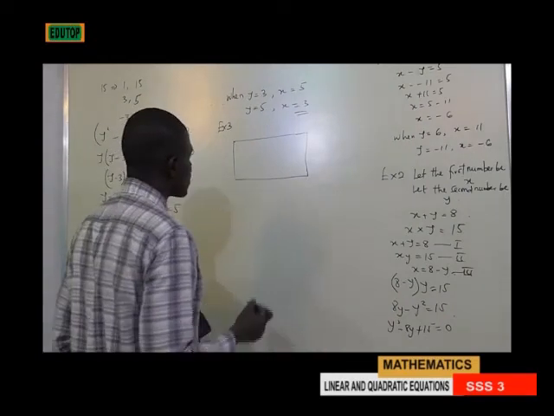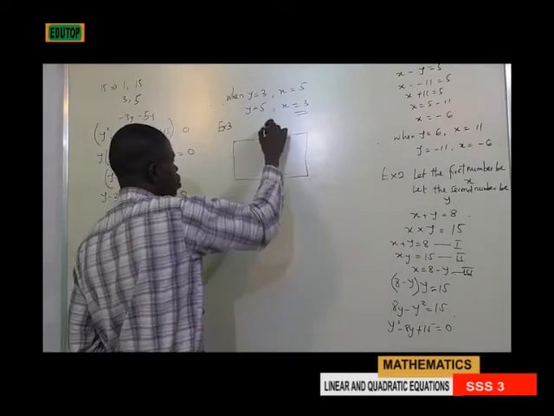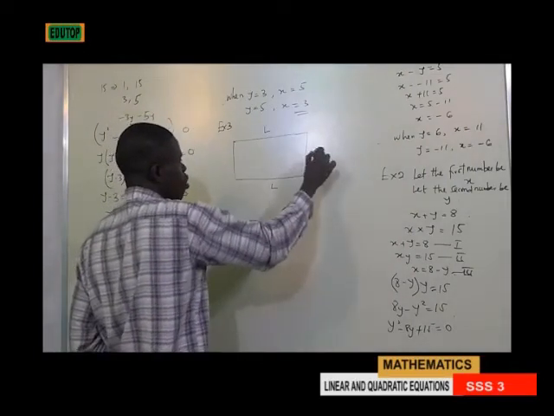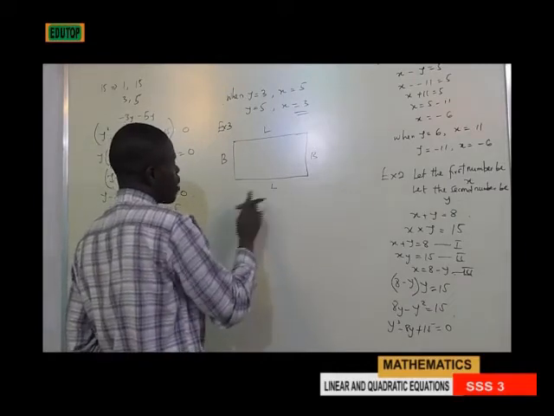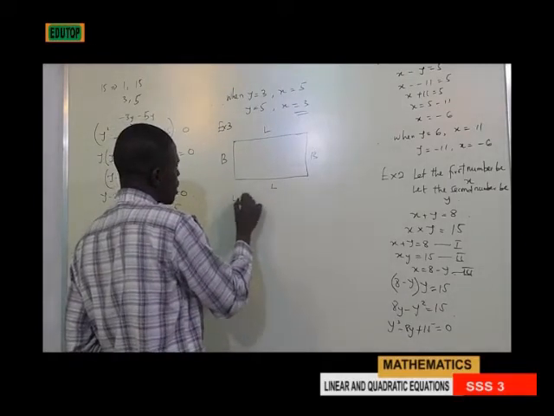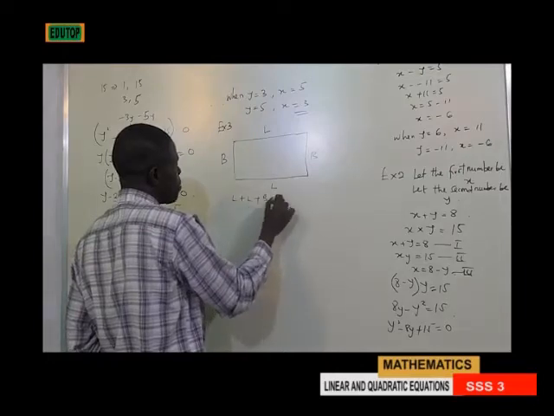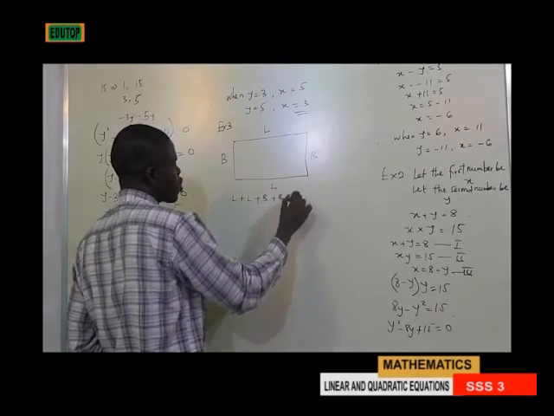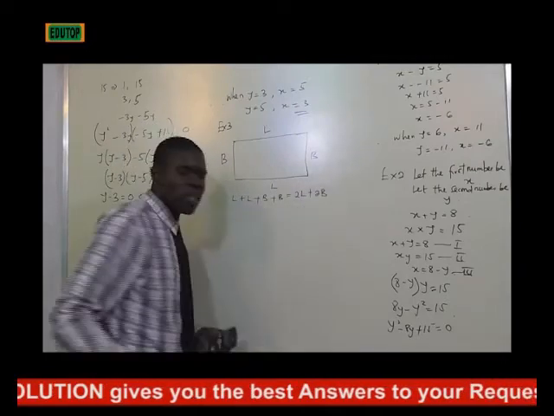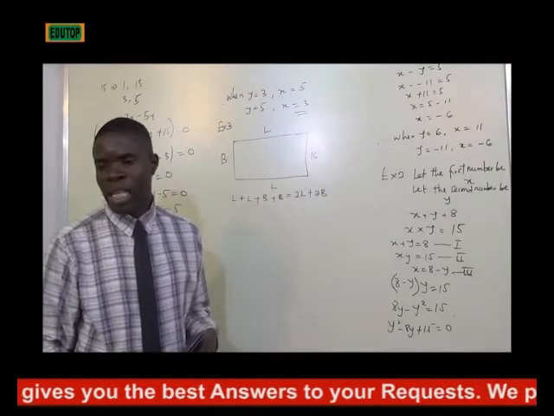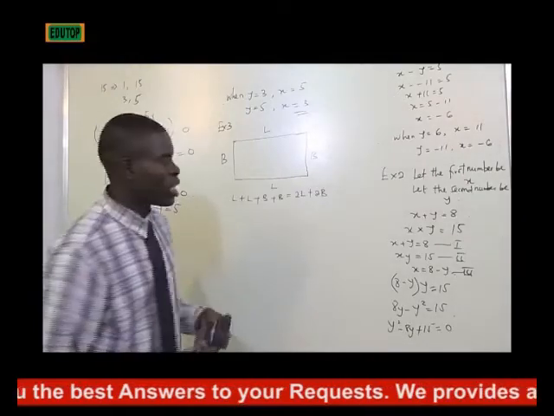Knowing fully well that a rectangle has 2 equal lengths and 2 equal breadths, the perimeter of this rectangle will definitely be L plus B plus L plus B, which can be summarized as 2L plus 2B. And the question gave us the perimeter to be what? 32.